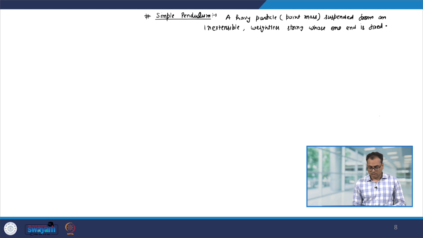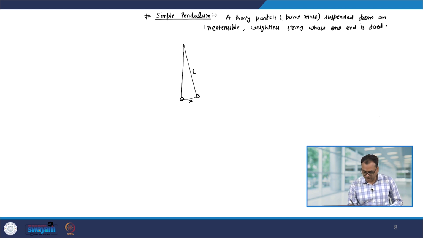Okay. So, let us say this is the string, and you have the weight which is suspended through it, and then the motion is set up by displacing it a little bit, let us say by an amount x. Let us say the length of the string is L and this angle is theta.